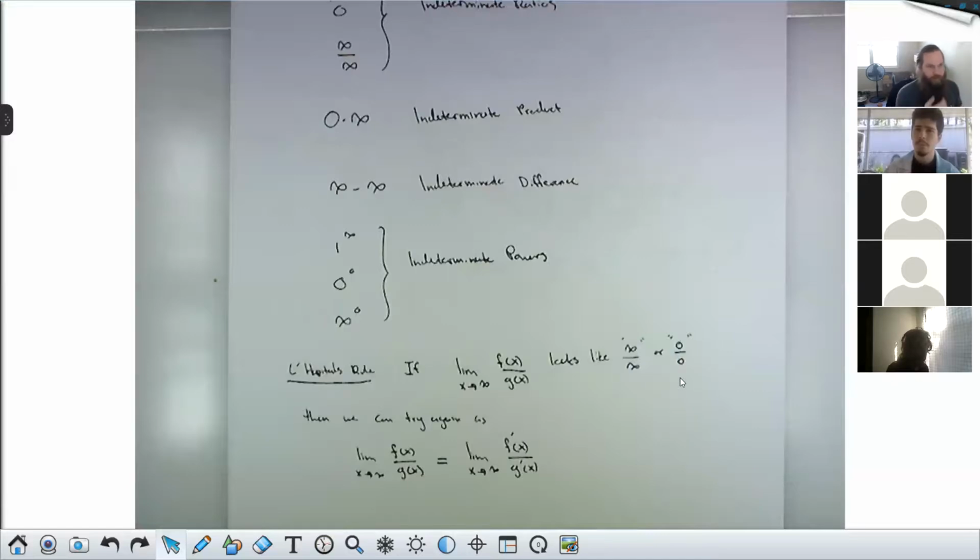Some other important theorems on limits at infinity that you will need, I'm going to remind you of quickly.